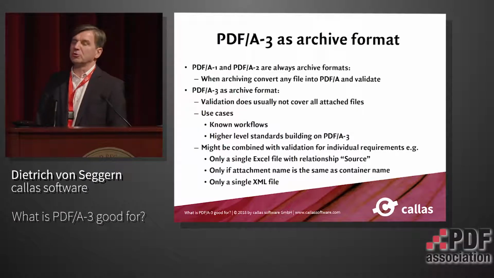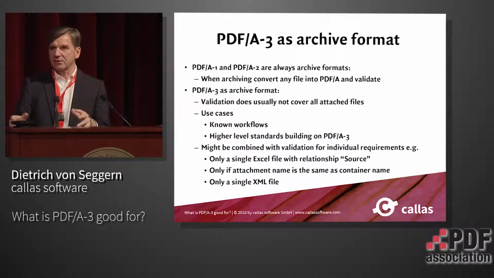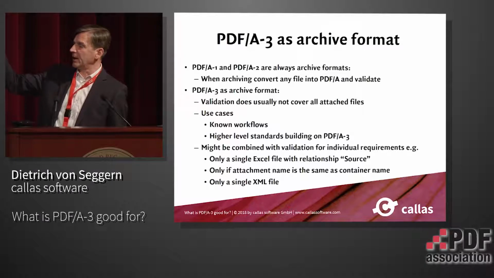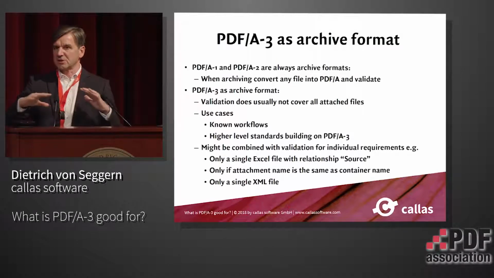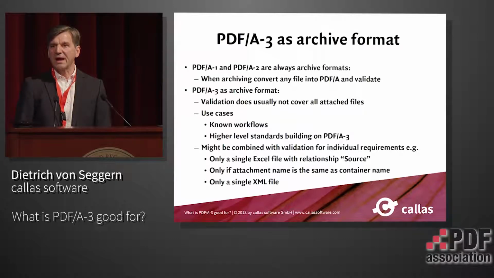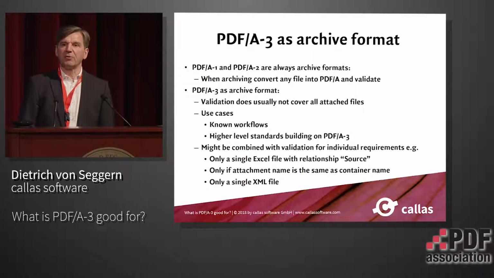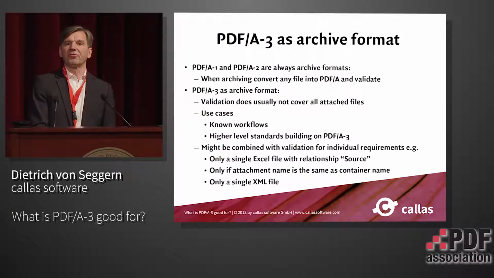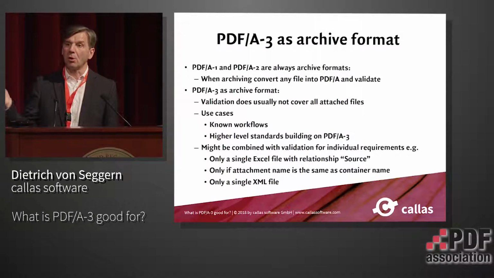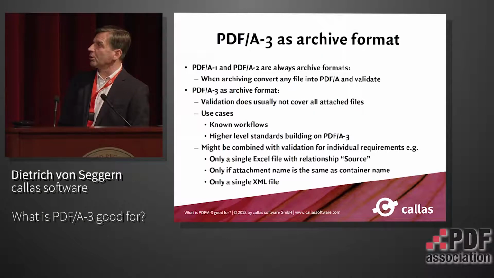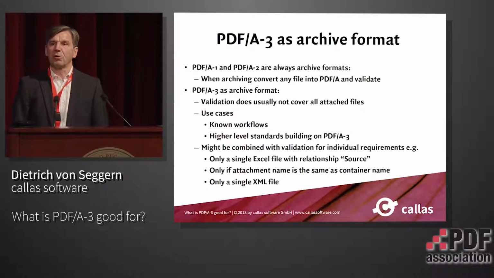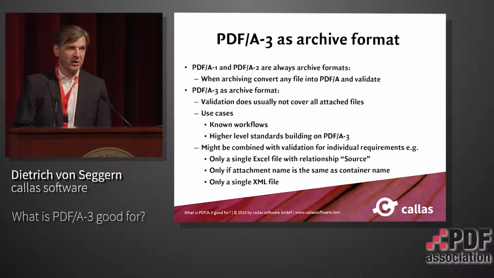If I have control over the workflow that created these files, like for Seeker, and they know how these PDF A3 files are created and which kind of Word files are being embedded, and that at the same time a PDF A rendition is created from this Word file and also embedded, so if I have control over the workflow that creates the PDF A3 file, there is no reason for not using it.